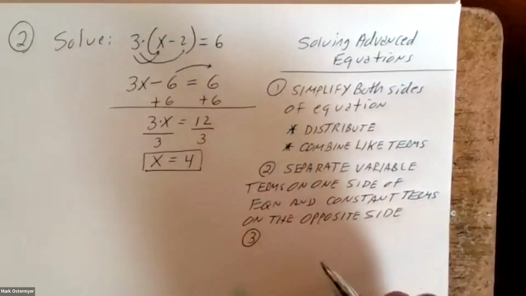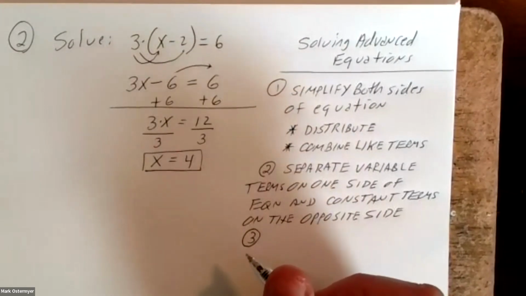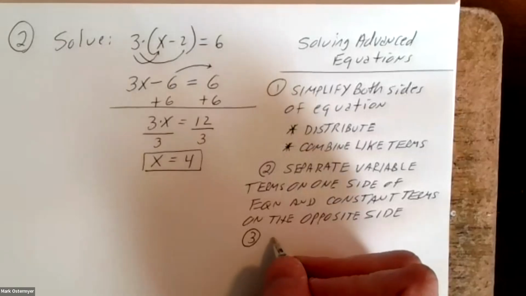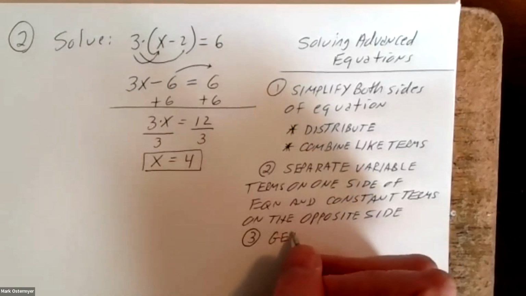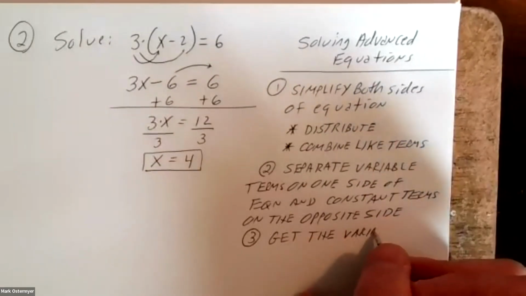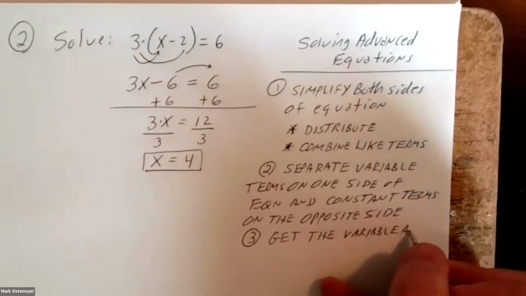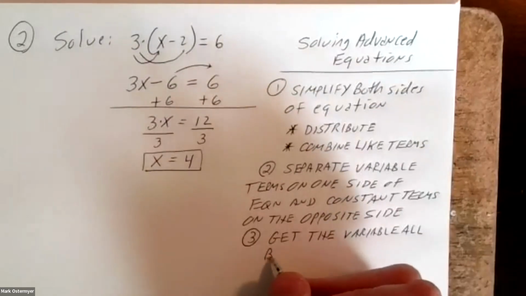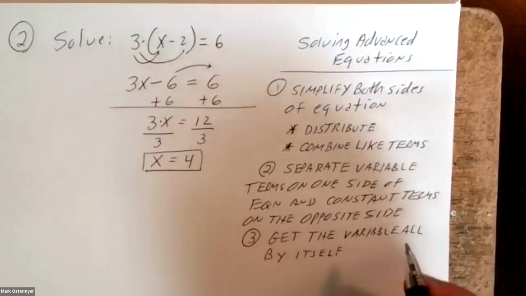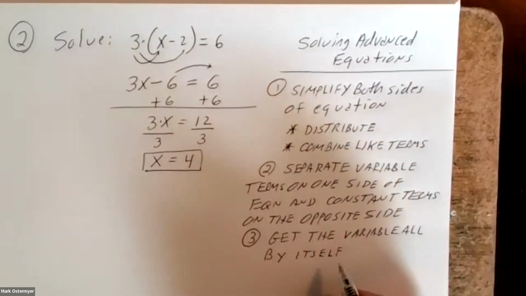Step number 3, once we separate our variable terms and constant terms on opposite sides of the equation, we then try to get the variable all by itself. And that's basically it.